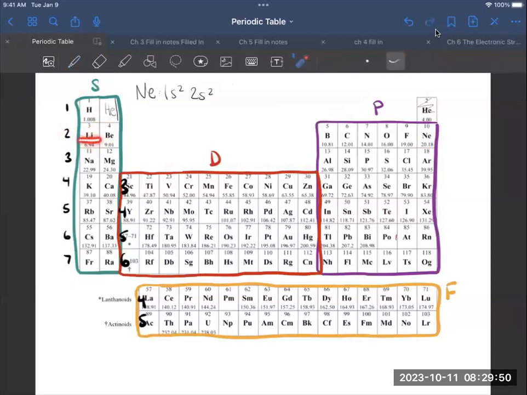And then we're going to keep going through here, and to get to neon, we have to go through 1, 2, 3, 4, 5, 6 things in the P section. So it's going to be 2p6.